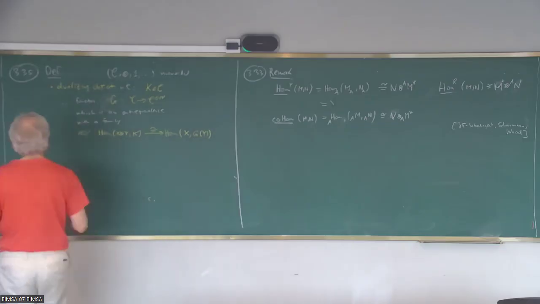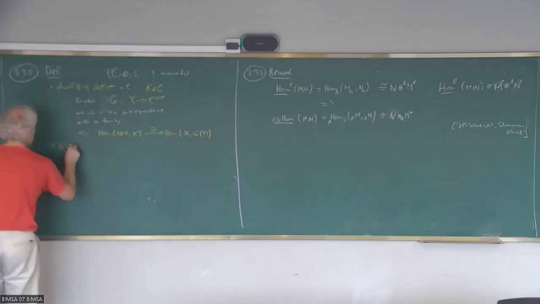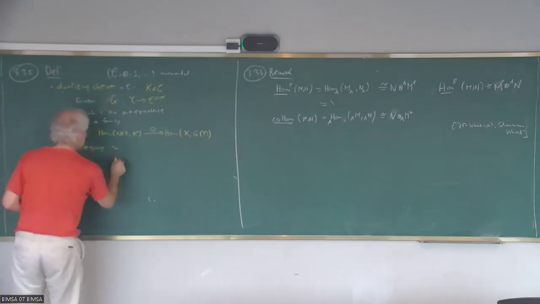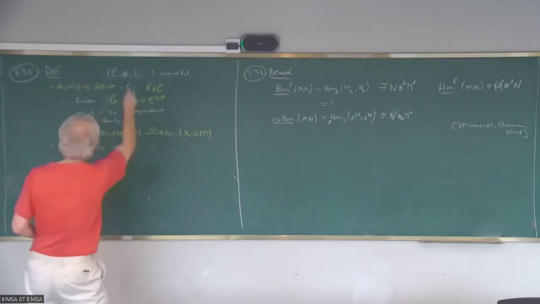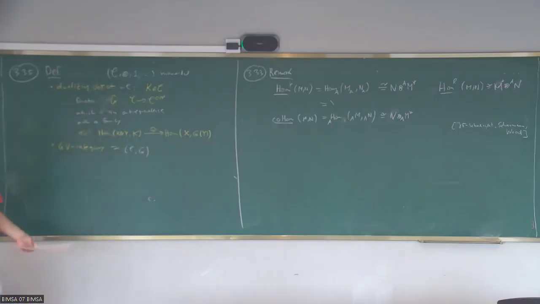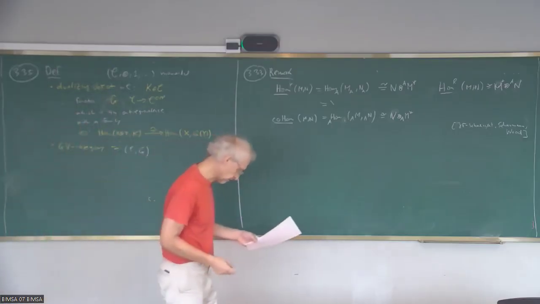And then a coordinate category is a monoidal category C together with such a functor G. And G is also called the duality functor or coordinate duality.